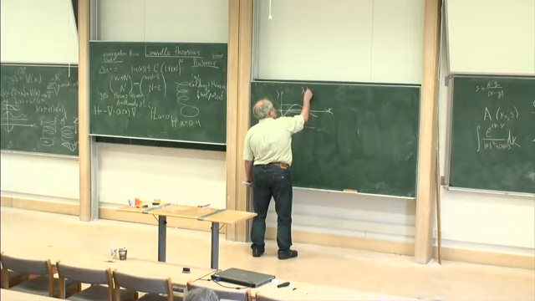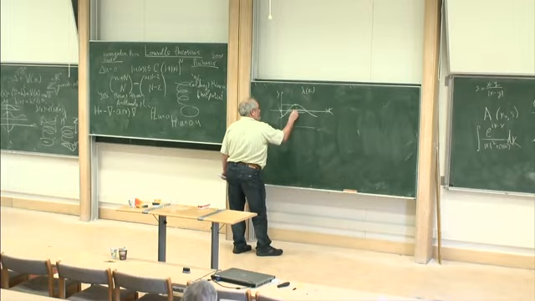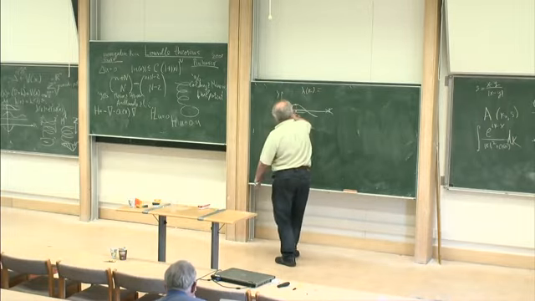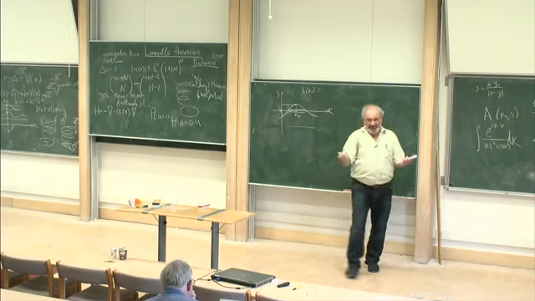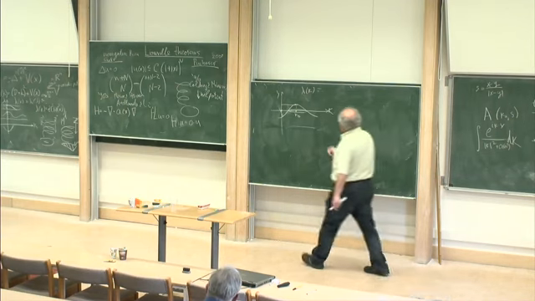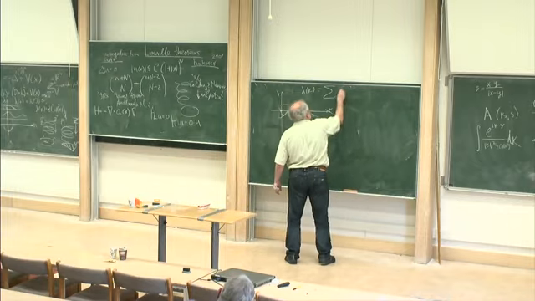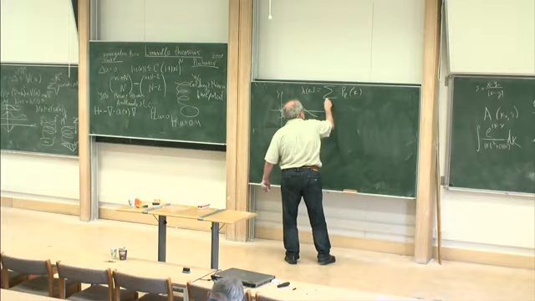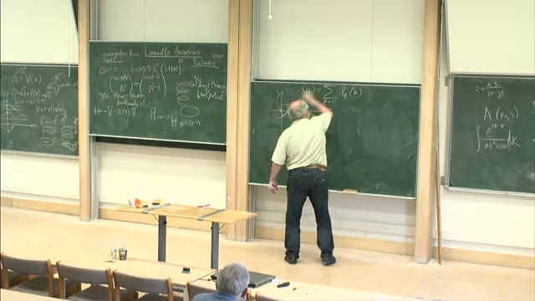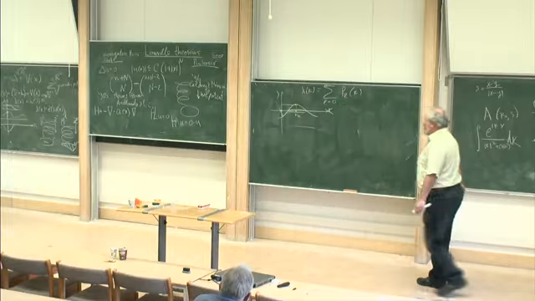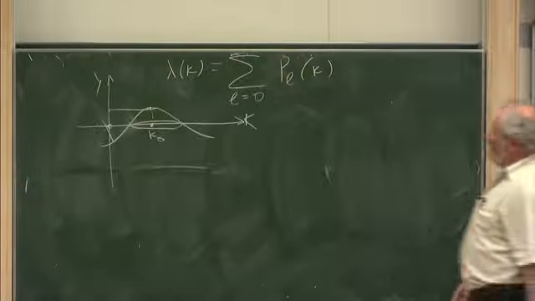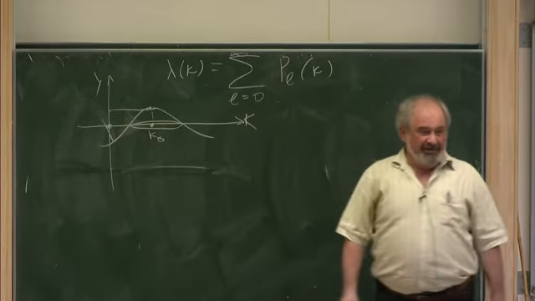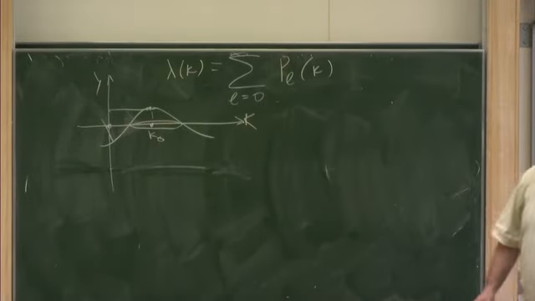So what you do, you take lambda of k, you expand into Taylor series. Since this is a simple eigenvalue, it's analytic, you expand into Taylor series into homogeneous polynomials of degree L. Certainly this series starts from L equal 2. Lambda is 0, so it starts at level 0.